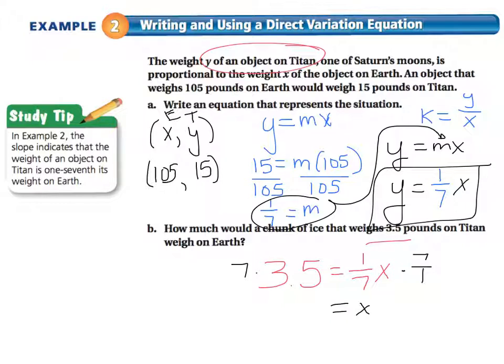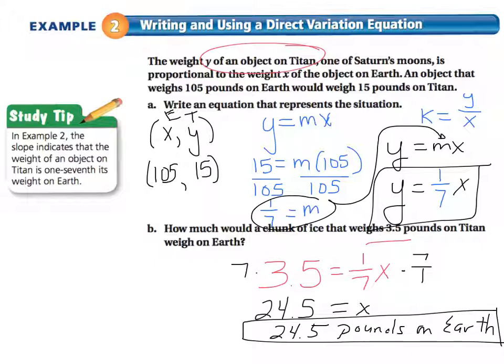So 7 multiplied by 3.5 would be 24.5. So what's your answer? The answer would be 24.5 pounds. Where? On Earth. Make sure we always label.